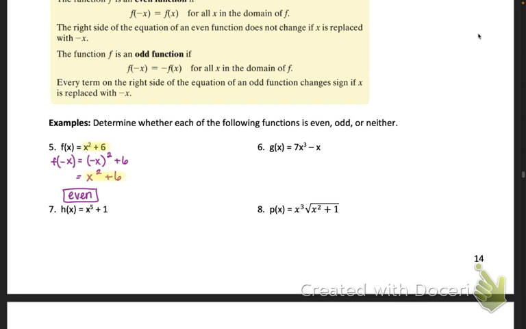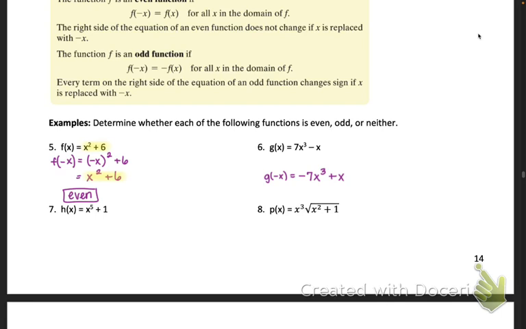If I look at number 6, g of x, g of negative x is the test. And this is the part you can do in your head if you want. A negative number to an odd power would make this negative 7x cubed. And then minus negative x is going to be plus x. That's what we get. Now, if you're not quite sure where that is coming from, then write it out.